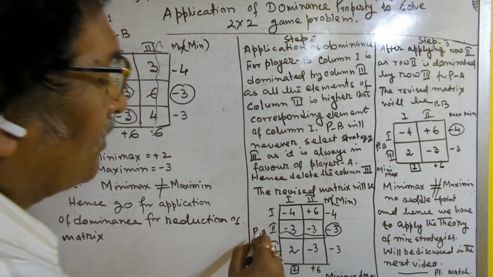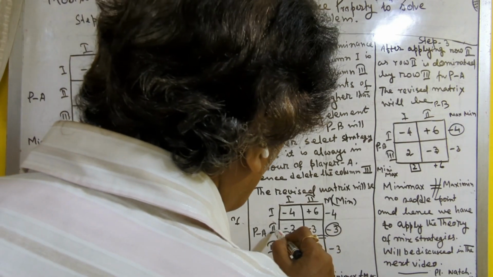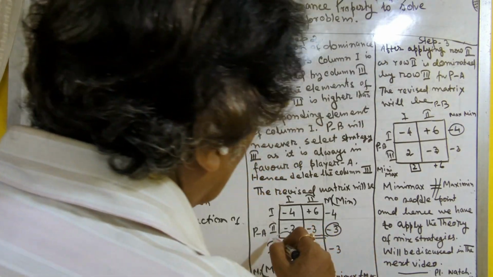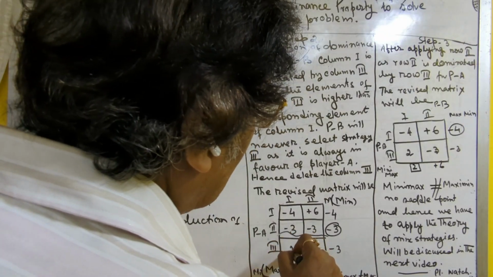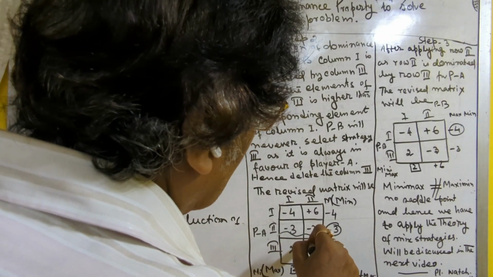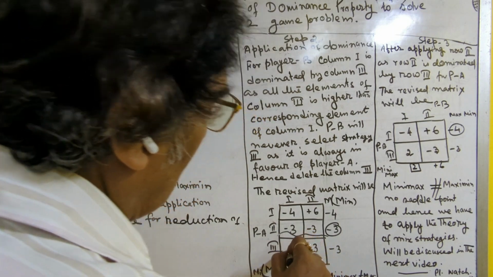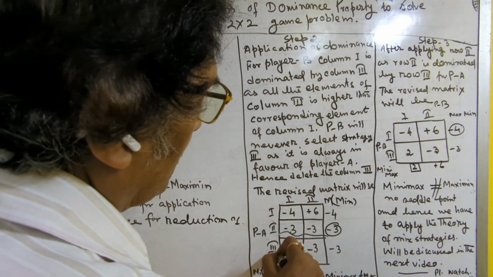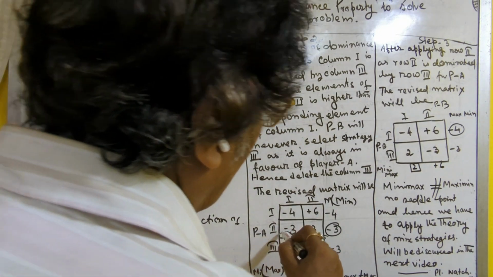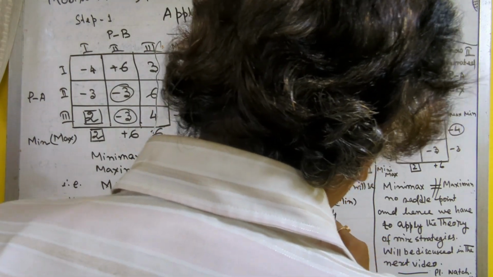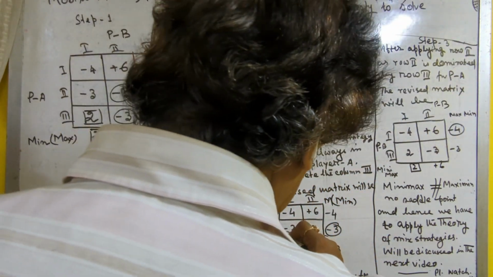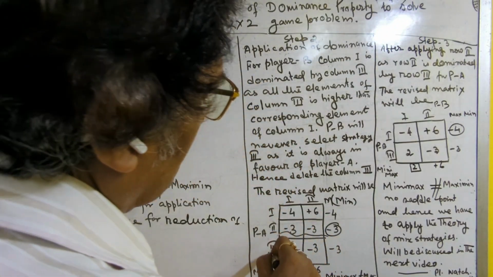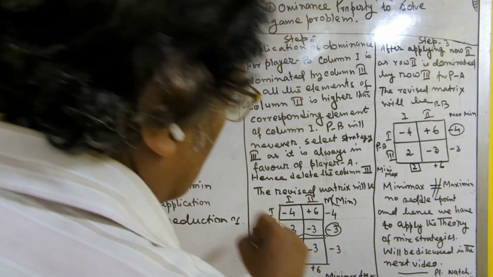That means player A will not be interested to select strategy 2, because if he selects 2, he will get less, as both the elements are higher or at least the same for strategy 3. That's why player A will not select strategy 2, and we can say strategy 2 is dominated by strategy 3.